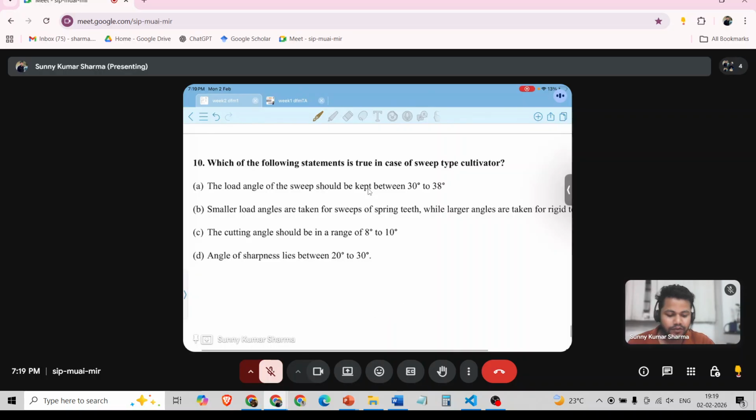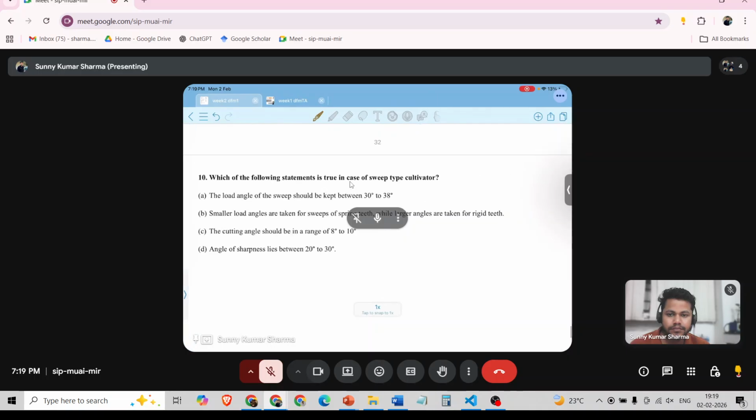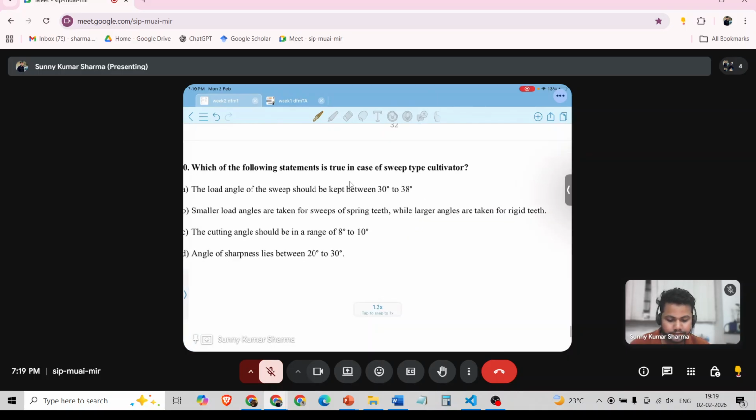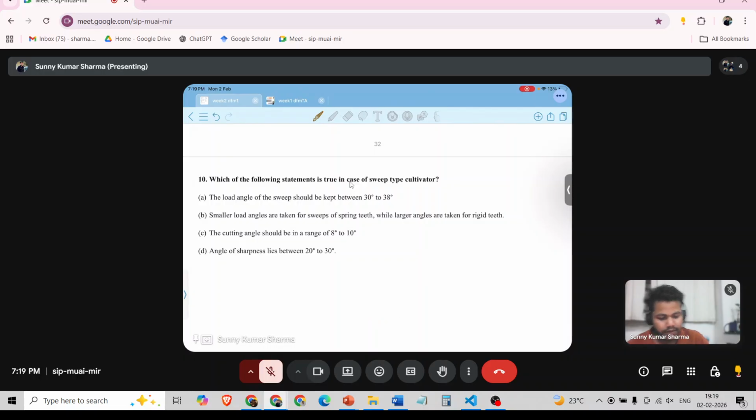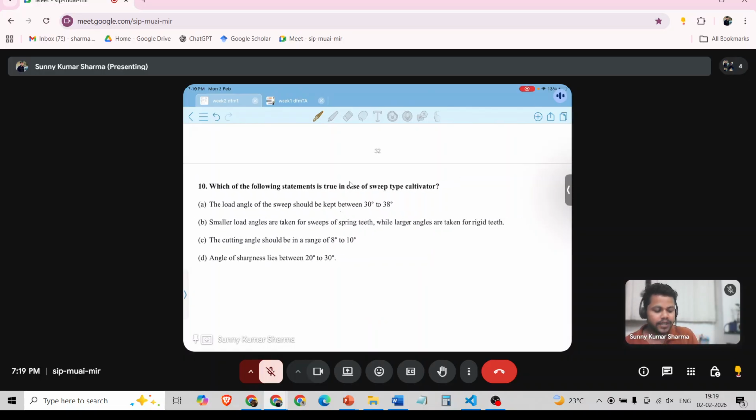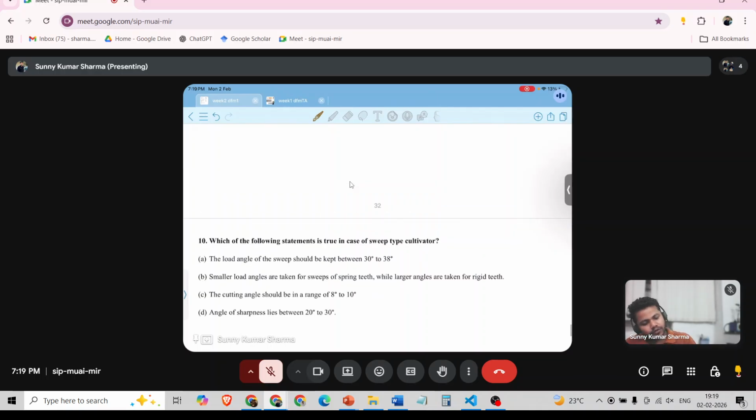And the last question is: which of the following statements is true in case of a sweep type cultivator? Load angle of sweep should be kept 30 to 38 degree. What should be the load angle of sweep?